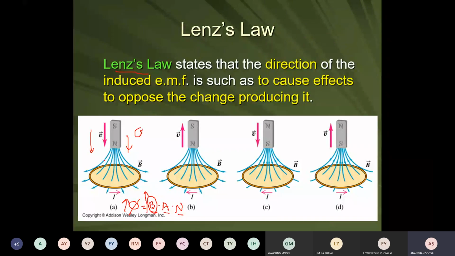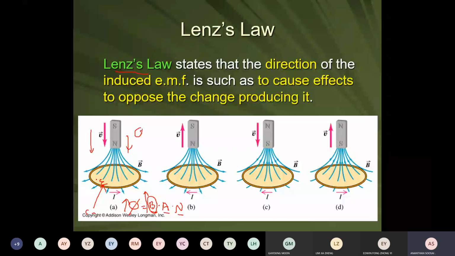So when the flux is changing, the coil experiences a change in flux. This is your conductor. According to Faraday's law, it must induce EMF. But does this EMF make the current flow clockwise or anti-clockwise? Which direction should the current flow?